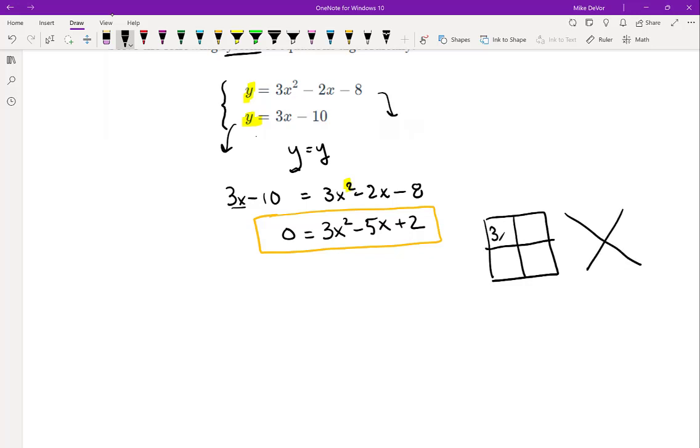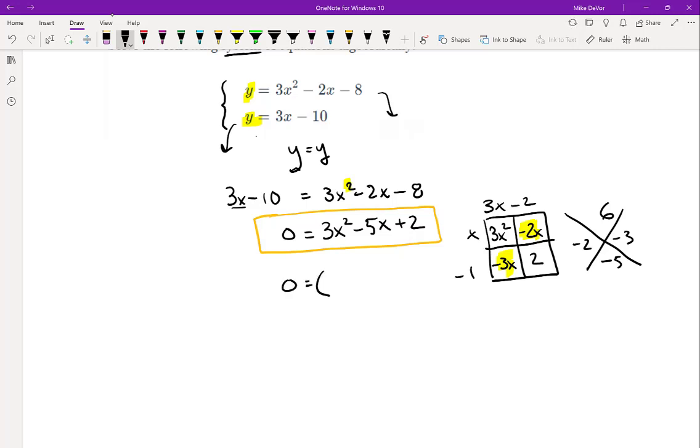I'm using this X box here. You may use a different method, and that's okay too. I'm looking for the product-sum pair. Up here it's 3 times 2, and this is a negative 5, so that's a negative 2 and a negative 3. I'll put those in here, and as I go through I get a 3x and a 2x, and those are both negative.